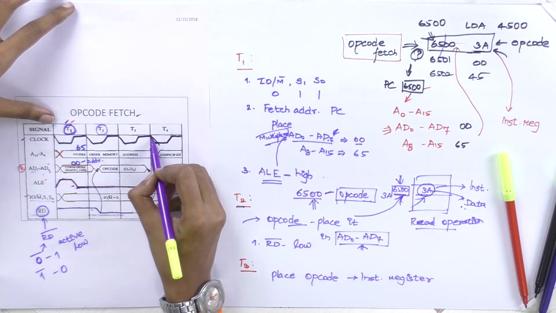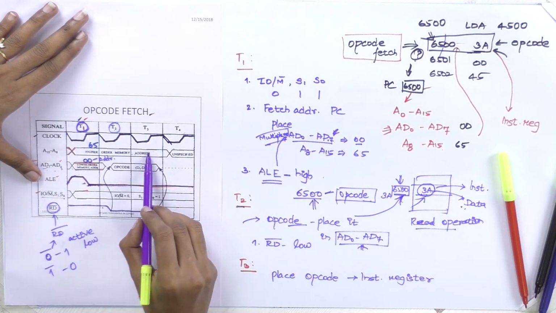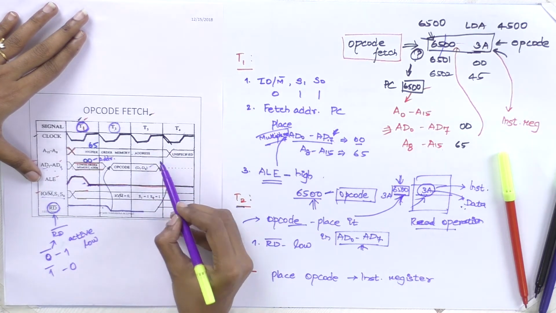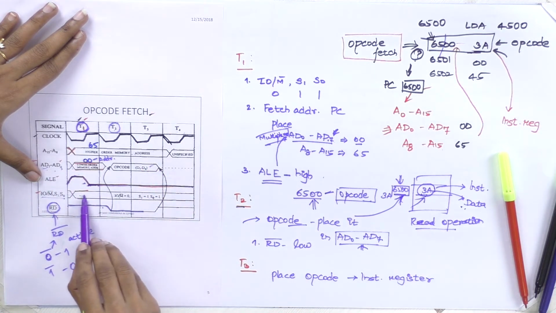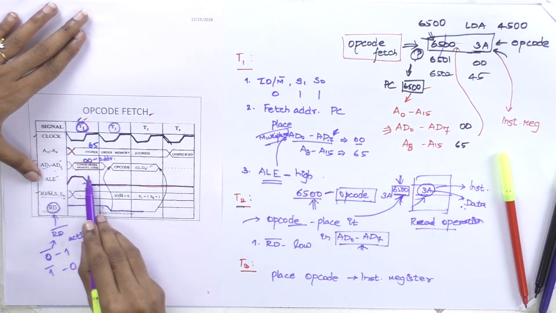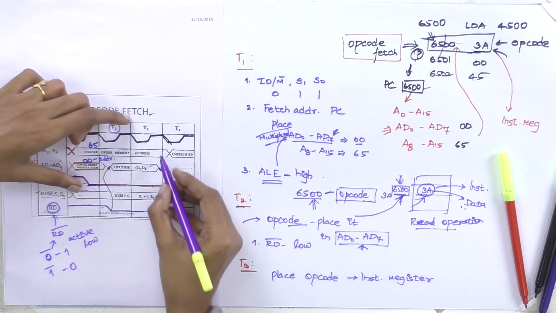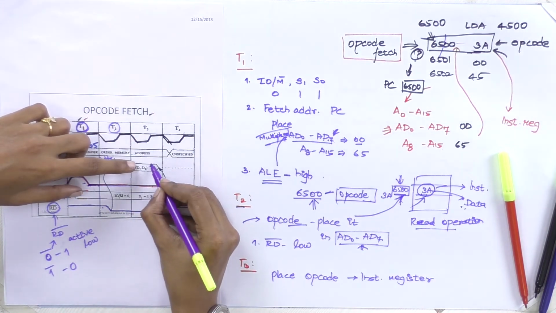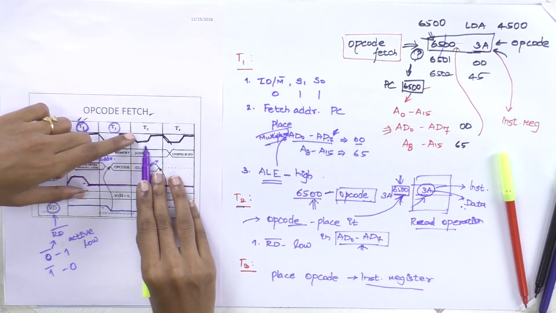So when you see this timing diagram at T state 3, the higher order address will remain the same. The opcode value will be on the address bus. The status signal does not vary. ALE should be low, and this signal should be made high in between. At this place, this opcode will be placed in the instruction register. This will happen in T state 3.